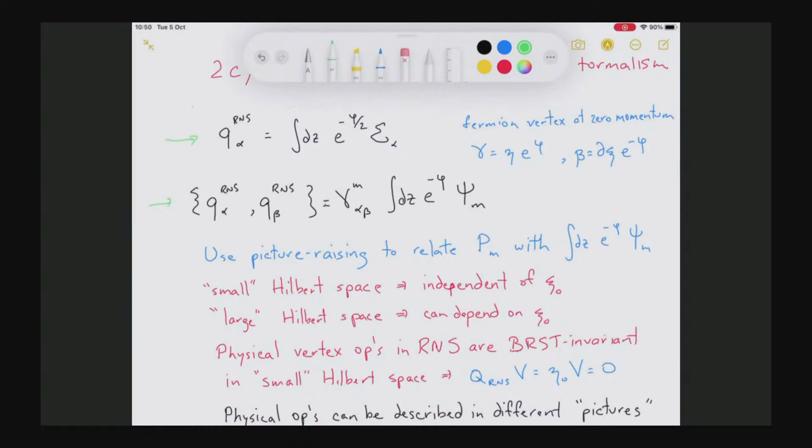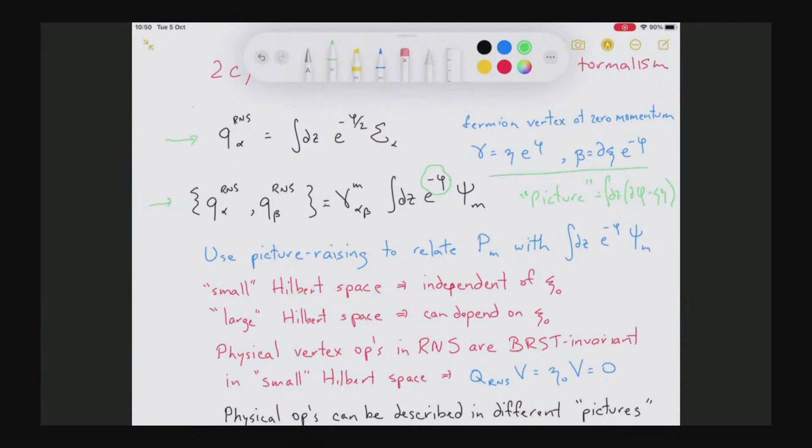So in the RNS formalism, one has this notion of picture, which is essentially counting the dependence on this phi field. And more precisely, it's defined as d phi minus xi eta, where, remember, phi and xi eta are described here.